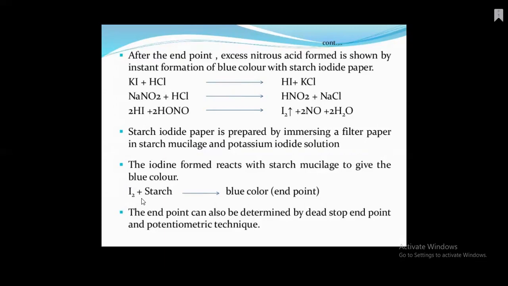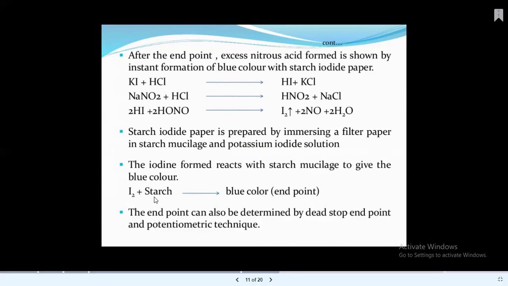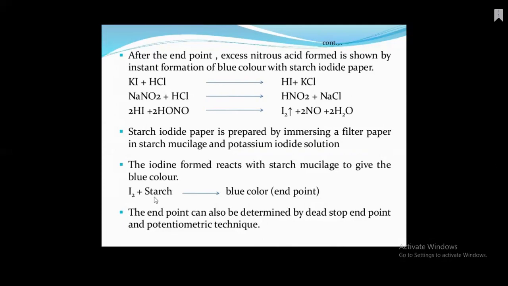If we add the starch in the reaction flask, it will react with the analyte, sulfonamide, or with the nitrous acid, so we can't add starch in the reaction media. So how do we find the endpoint? With the help of an external indicator, starch iodide paste or starch iodide paper, which is present outside the reaction flask.